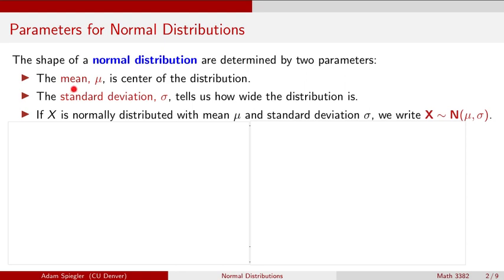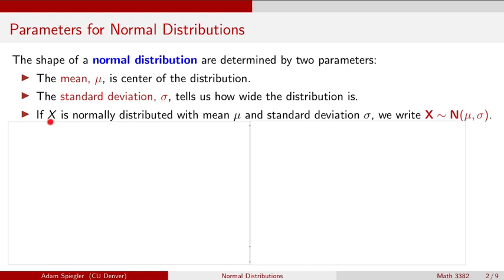One of them is the mean that gives us the center of the distribution, and the mean we typically denote with the Greek letter mu. The second parameter that we need to describe a normal distribution is not just where it is centered, but how spread out the values are under this distribution. That's what we call, as we've seen, the standard deviation, and we denote that with a sigma when we're dealing with a population of data.